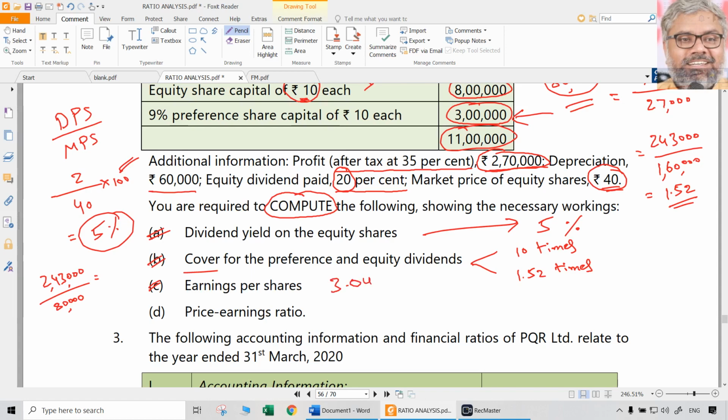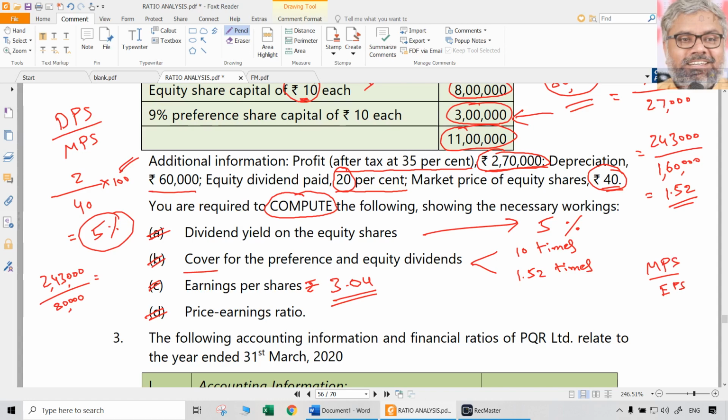Rupees 3.04 is the earnings per share. Then the P/E ratio, price earnings ratio. The formula we should know: price by earnings means market price per share divided by earnings per share. Market price per share is 40.